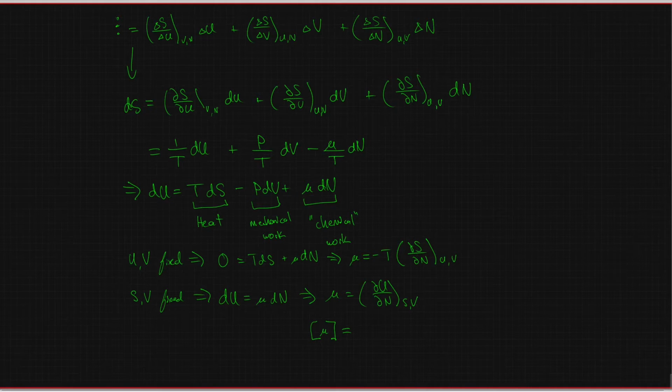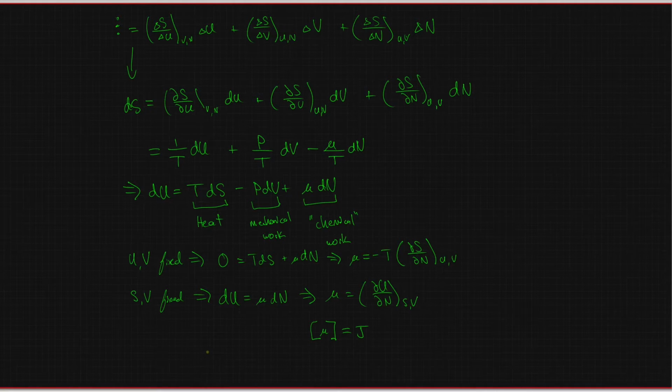We have J, joules, yep. What about the bottom? Empty set, yeah. I like that. Unitless is right. So this is just units of joules. So the chemical potential is just measured in joules.